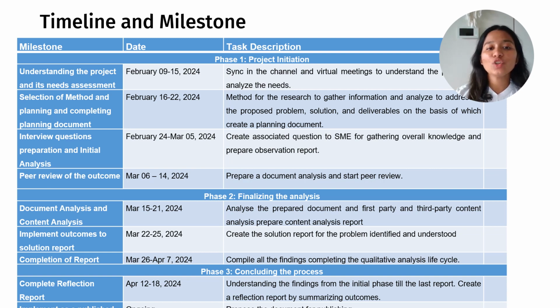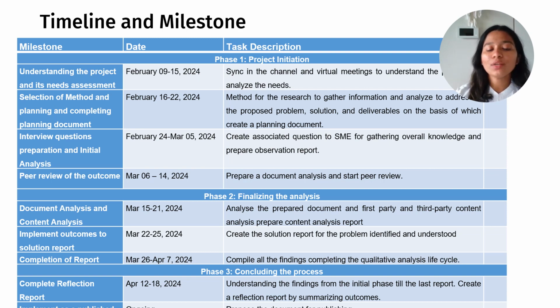From Feb 9 to 15, we conducted virtual meetings to understand project requirements. From Feb 16 to 22, we selected a research methodology and completed the planning document. From Feb 24 to March 5th, we will prepare interview questions, conduct interviews, and begin initial data analysis.